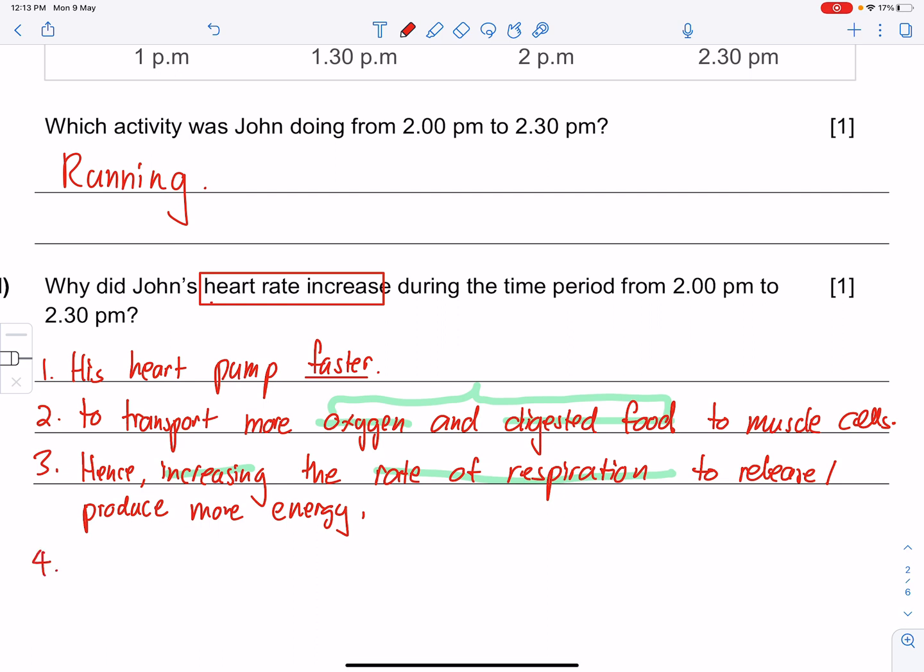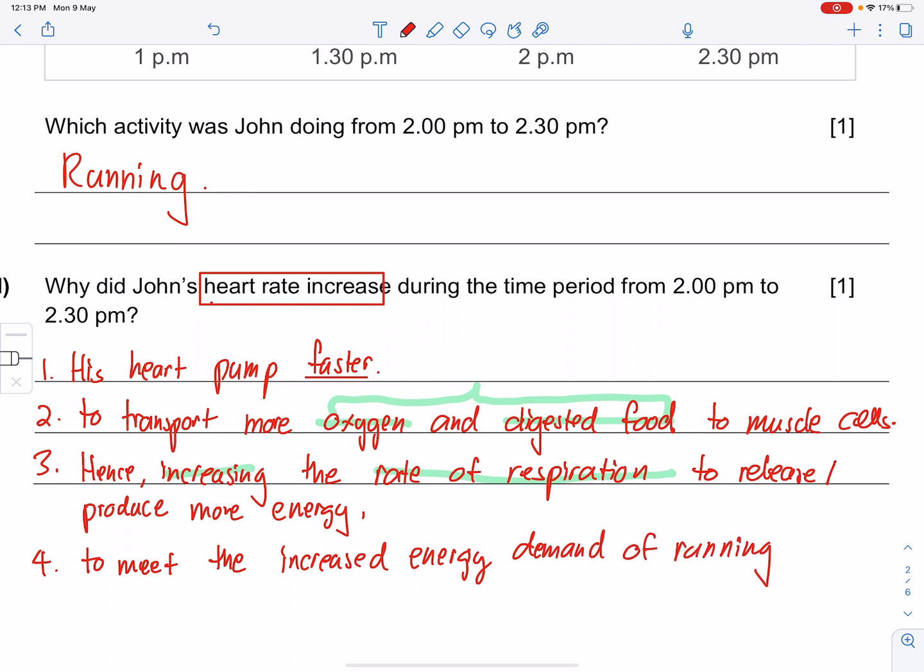Number 4 point, to meet the increased energy demand of running. So this word running can be replaced with exercise. So it depends on what exercise the question is talking about. It could be swimming, it could be rope jumping, it can be anything. It depends on the question.